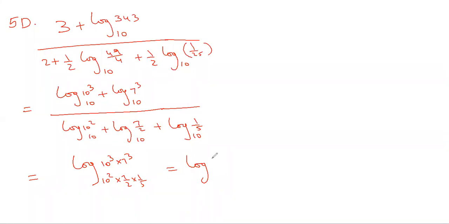So this 10 cube into 7 is 70 cube, and here 1, oh my god. So this is going to be simplified. 2 5s are 10, 10 10 get cancelled, and 70. See, we are lucky. And the answer is 3.